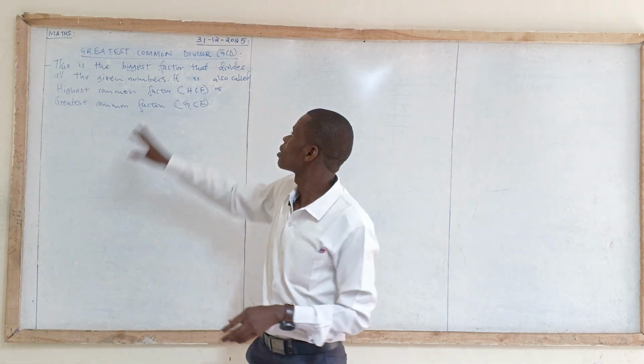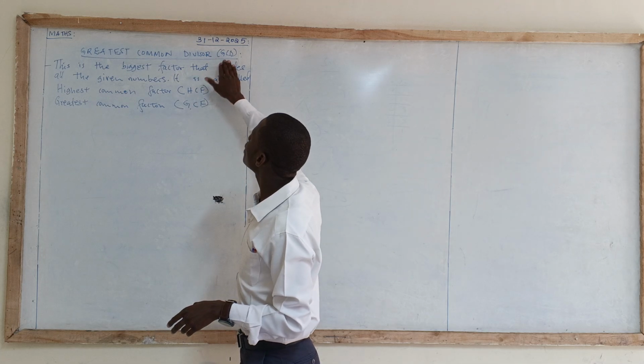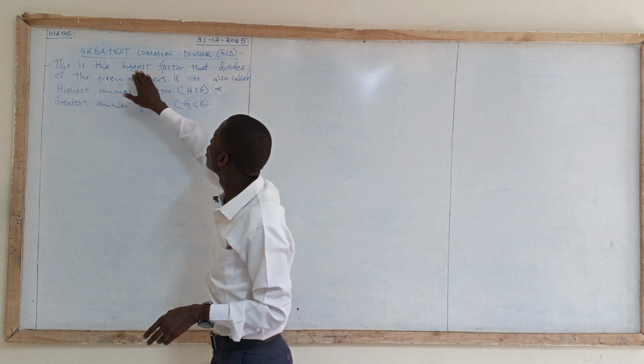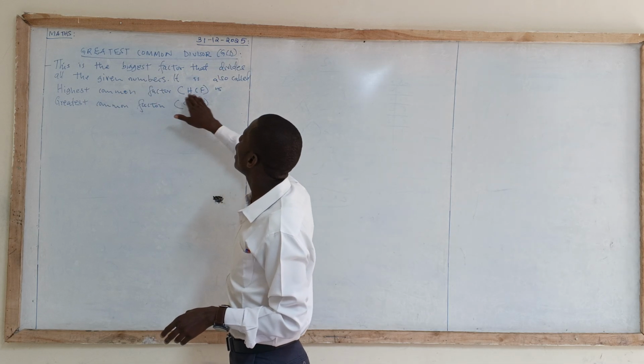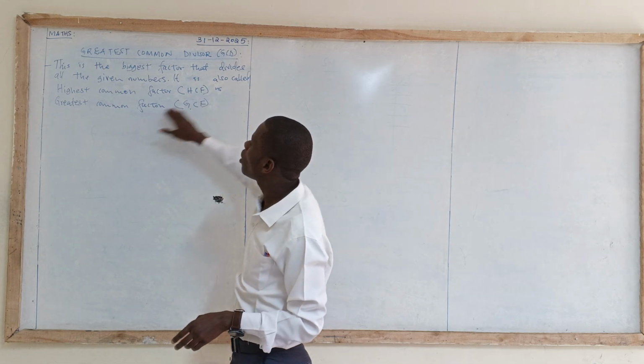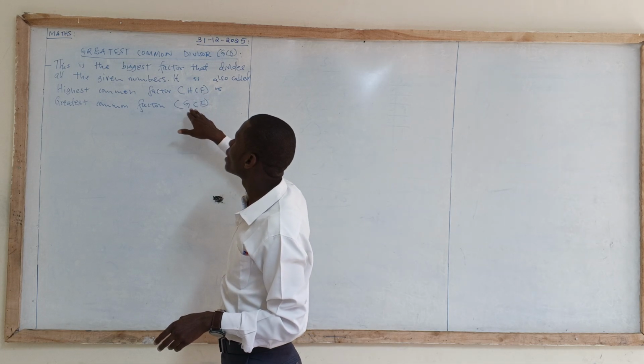So those are the three names. We can call it greatest common divisor, GCD, or the highest common factor, HCF, or the greatest common factor, GCF.